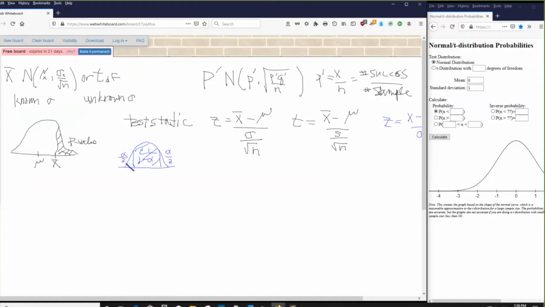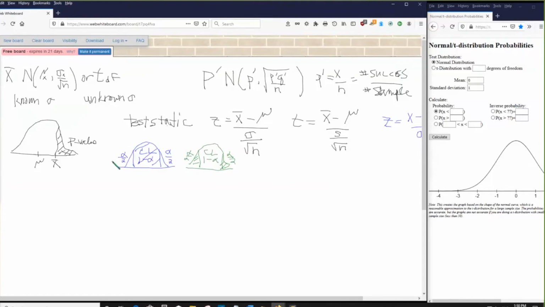So now what we're going to be doing is looking for just the opposite. If I have a two-tailed test, then I'm going to be looking for this shaded area, this alpha over 2. And this is still all going to be the same.